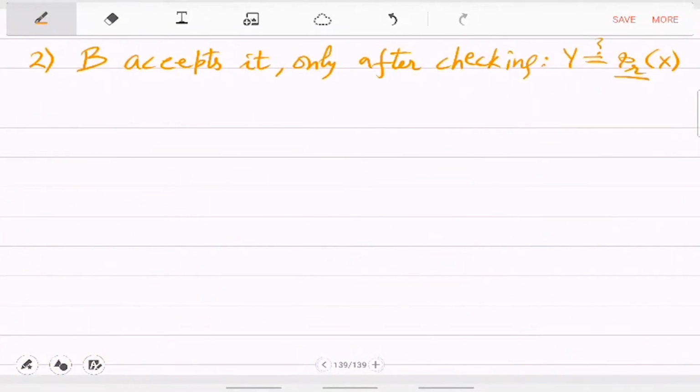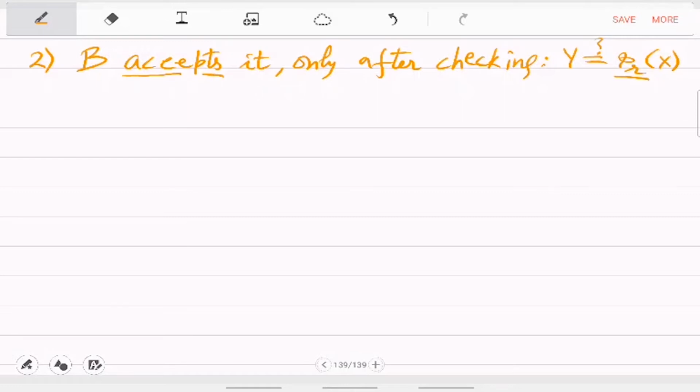If this equation y equal to phi r x is satisfied, then Bob is satisfied that it indeed came from A. Otherwise, he will know that something bad happened and probably E intercepted the original message and sent a corrupted message of her own.